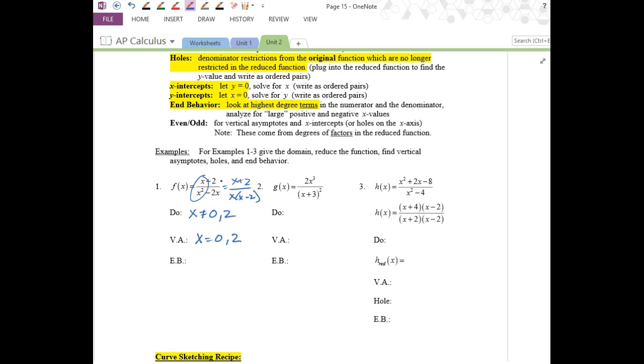Let me say that one more time. If I have a horizontal asymptote at 0, the function is getting infinitely close to 0. Where is it going? Where are those values going? They are going to 0. So both the right end and the left end are both going to 0.